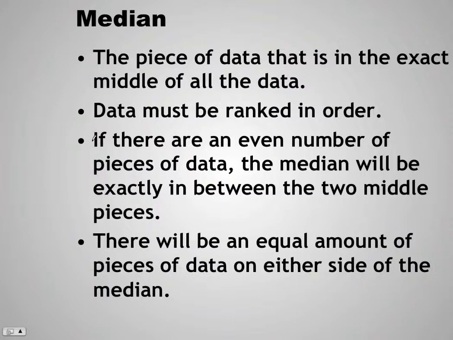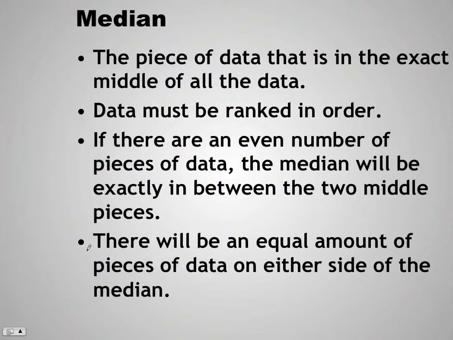Now, if there are an even number of pieces of data, there is no piece of data exactly in the middle then. Only with odd ones is there something exactly in the middle. So when it's an even number, okay, the median is going to lie exactly in between the two middle pieces. Okay, so you're going to have to take the average of the two pieces that are right in the middle. You're going to take the mean of the two pieces right in the middle.